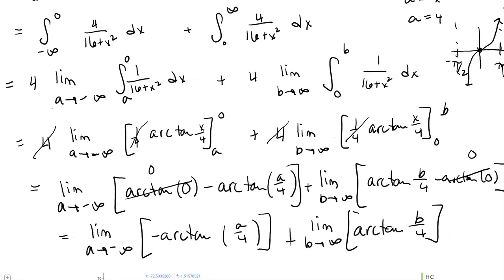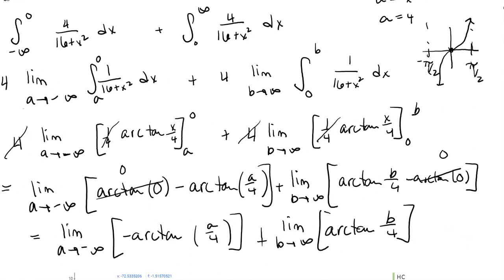Now again, as a approaches negative infinity, the arctangent of a over 4 is basically what angle do we approach as the y value of tangent approaches negative infinity. So you can see from this graph that as the y value here approaches negative infinity, the angle on that side is approaching the negative pi over 2.